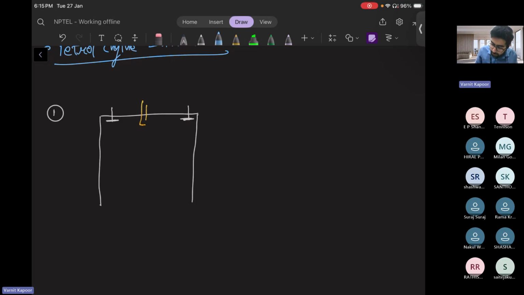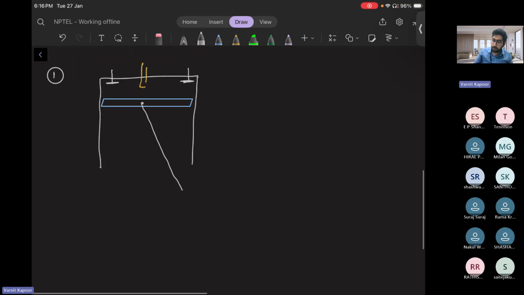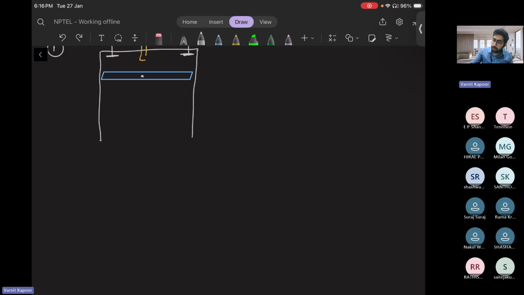We have a piston. This is a piston, which is connected to a connecting rod. That is connected to a crank rod, and that crank rod is connected to your shaft.